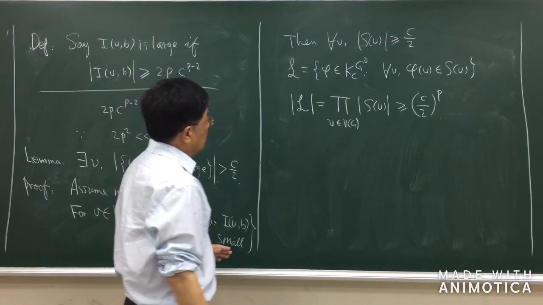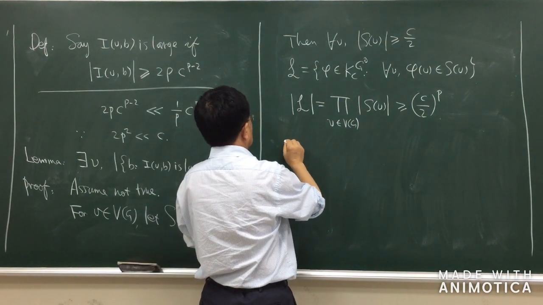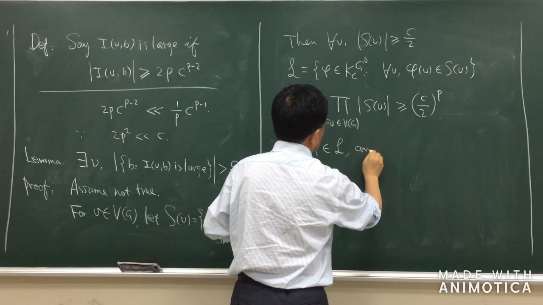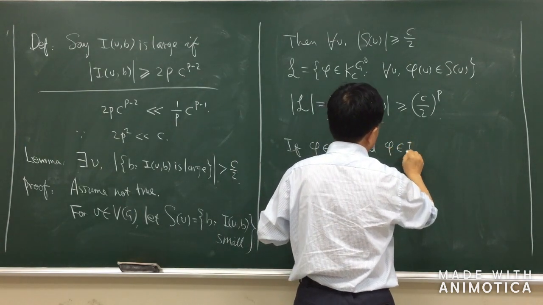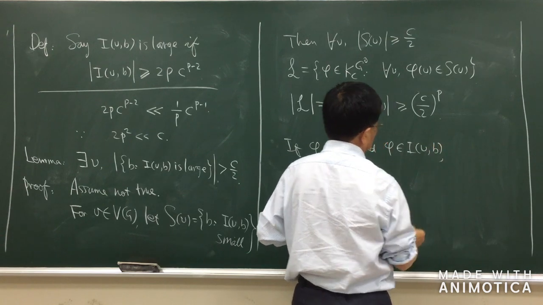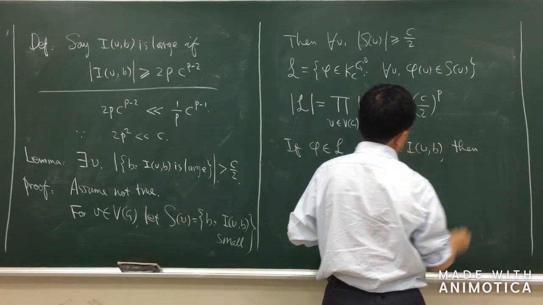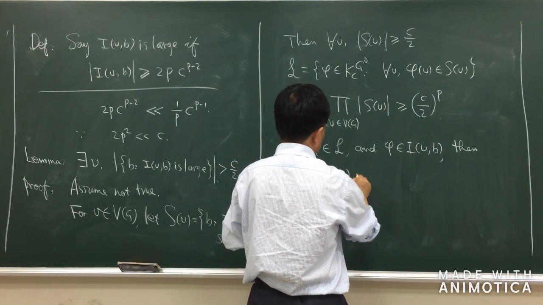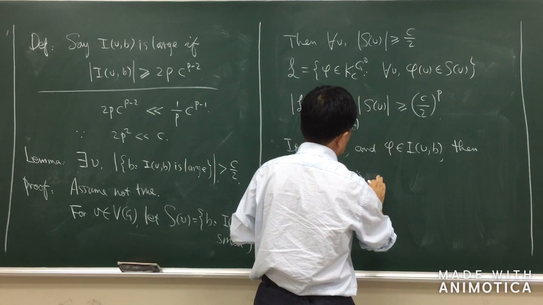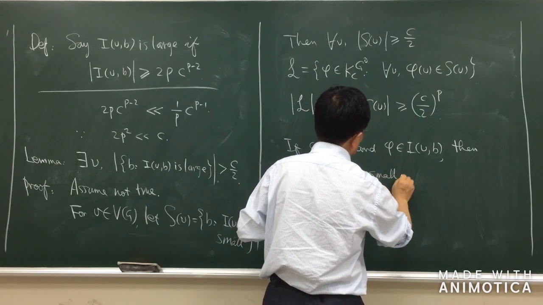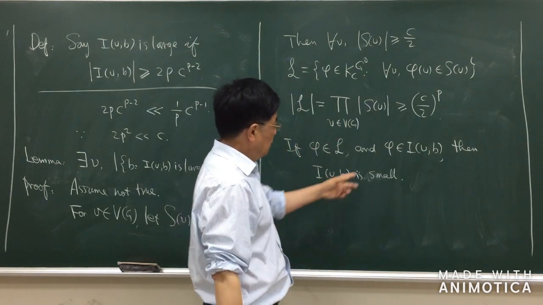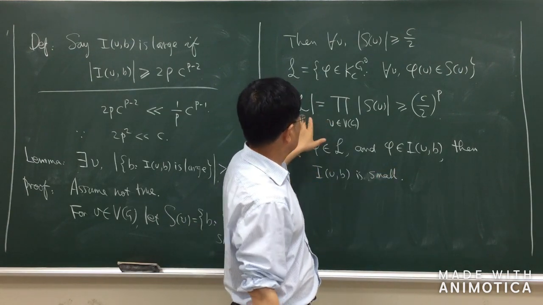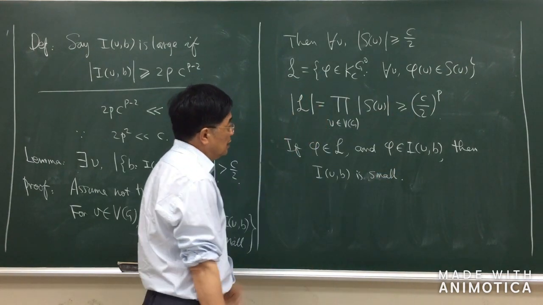On the other hand, if phi belongs to L and phi is in I_{V,B} for some V and B, then this must be small. This is because phi(V) equals B, and this B by definition is chosen from S_V, and therefore it is small by definition.